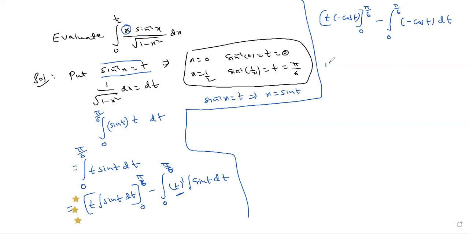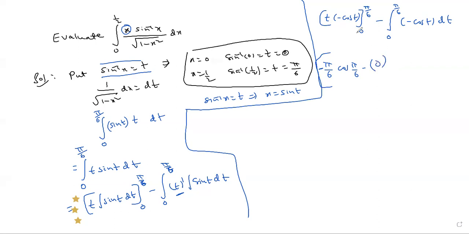Now apply boundaries here. Pi by 6 cos pi by 6 minus, I am writing here, next minus of, t is lower bound 0, 0 into something is 0 only.